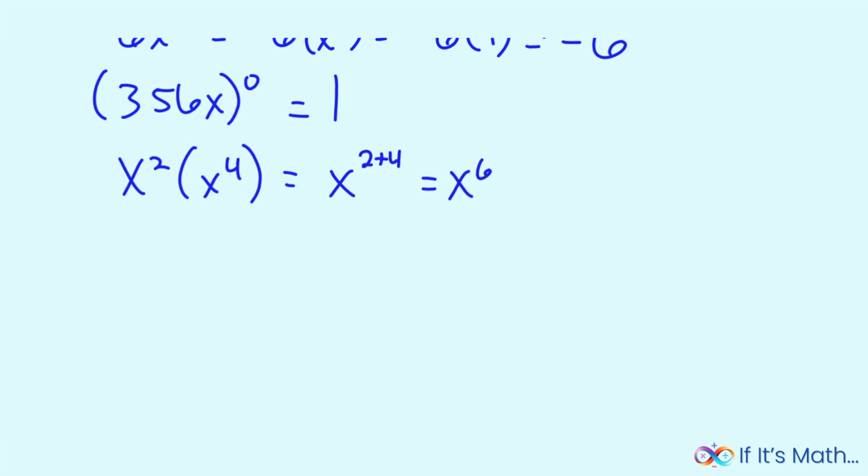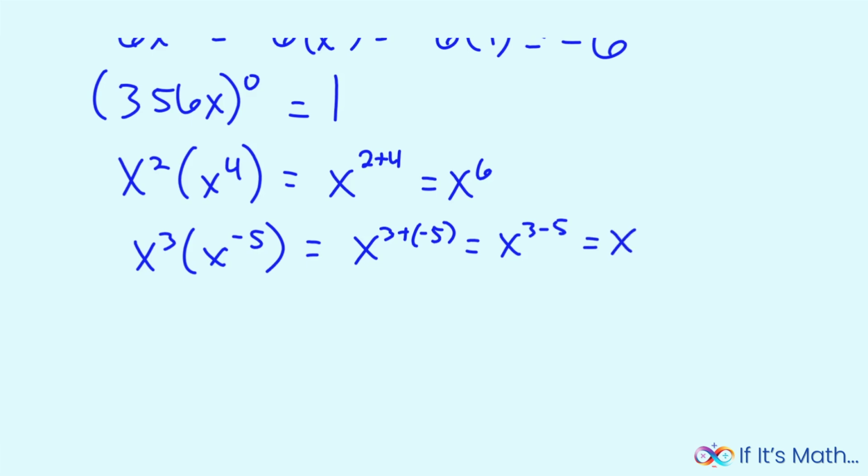It's going to give you x to the 6th. If you had x to the 3rd times x to the -5th, that's going to give you x to the 3 plus -5. It's going to give you x to the 3 minus 5. Gives you x to the -2.